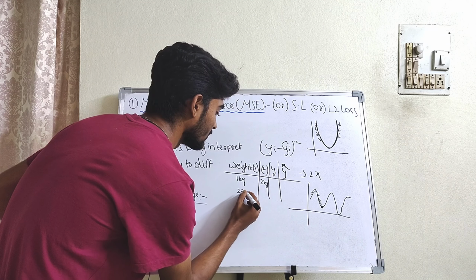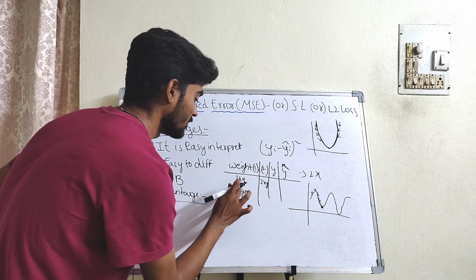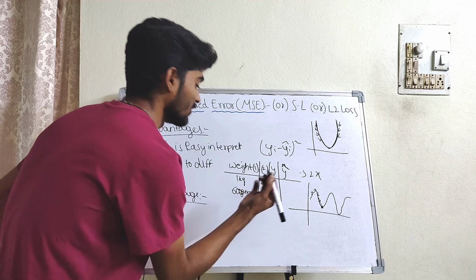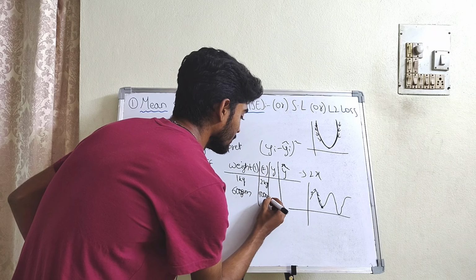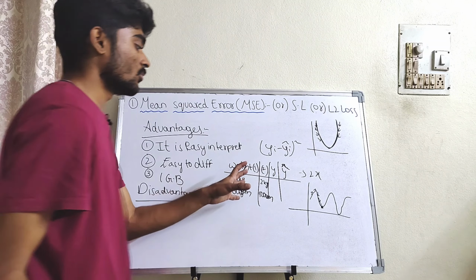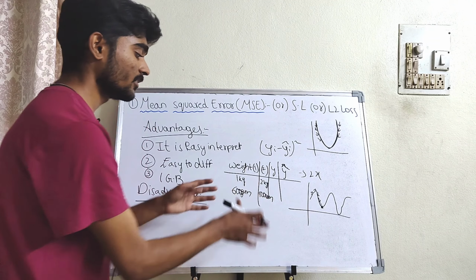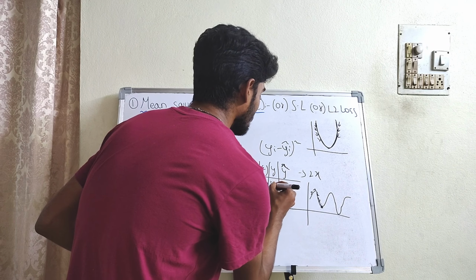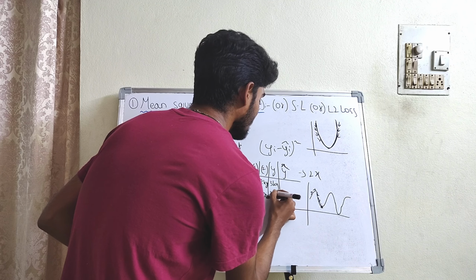Let's say the first person's weight is 6000 grams, and the second person's weight is 5000 grams. When you calculate the loss between these two, let's say the predicted output is around 3 kgs for the first and 7000 for the second.